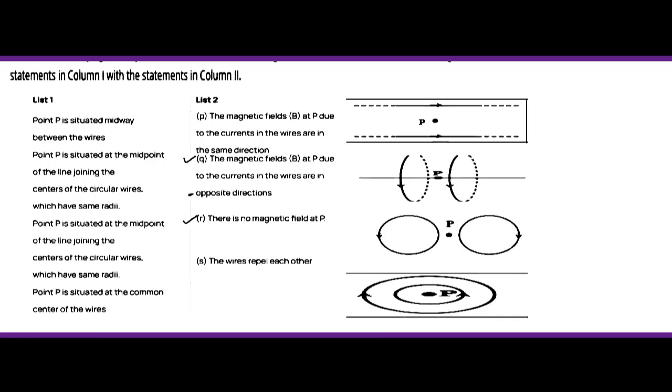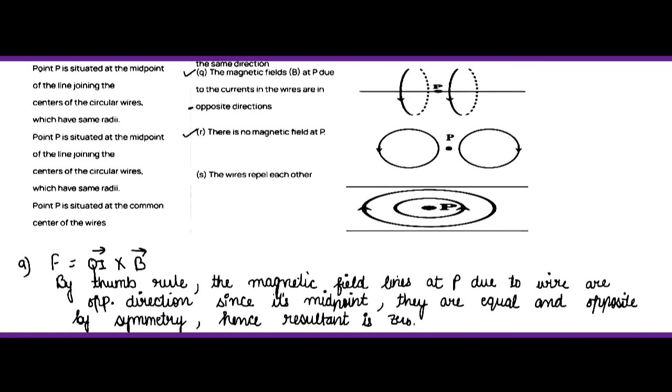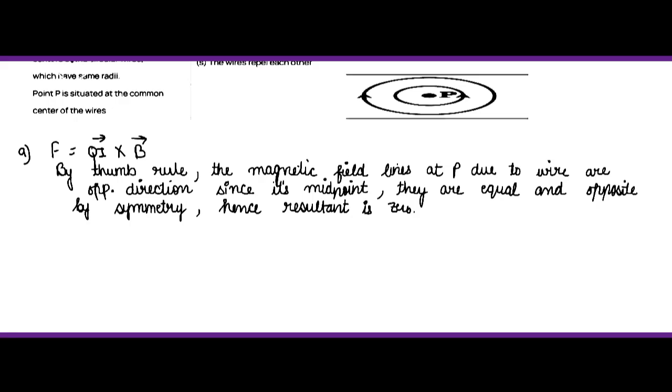So the correct options are Q and R. So I can write here the option Q and R is true.